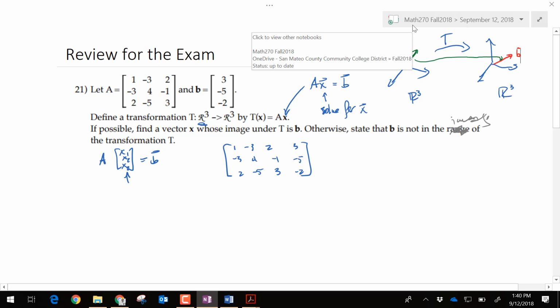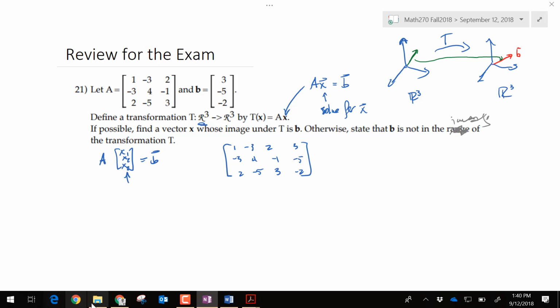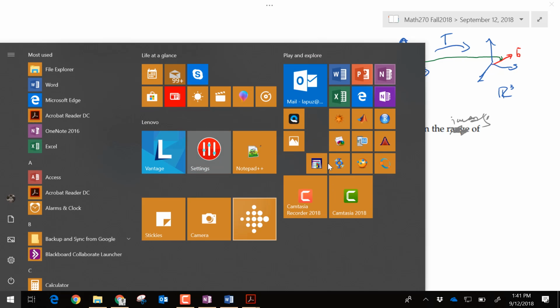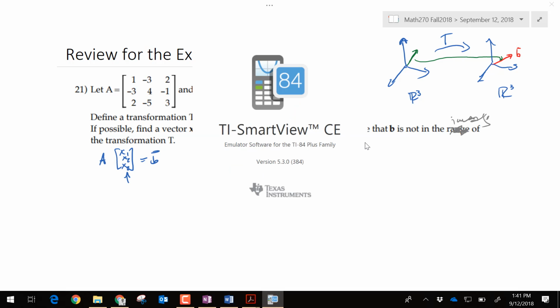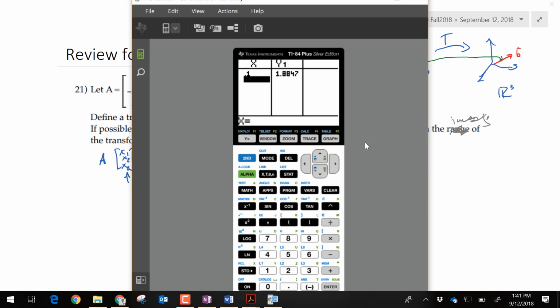You forget about all the theory. All right, so does everybody have a TI 83, 84? Oh, wow. So, no, you can't use your phone. You have to use an actual calculator.